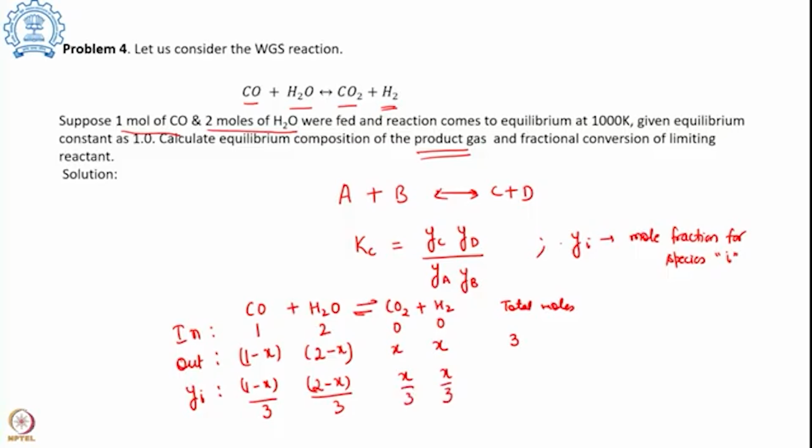Now, let us use these mole fractions in the equilibrium constant equation to find out the product gas composition. Using that we can substitute in the equation for Kc, and we find x into x in the numerator and 1 minus x into 2 minus x in the denominator.